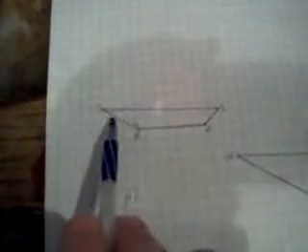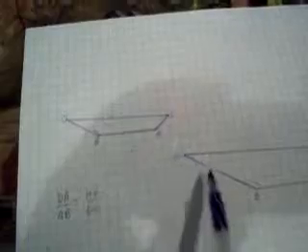And so, as this is to this, so is this to this. Okay? So, if this was like 1 to 2, and this was like 2 to 4, well, 2 to 4 is actually 1 to 2. Reduce the fraction 2 to 4 by 2, and you get 1/2.